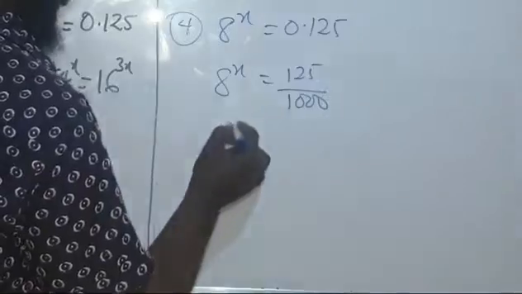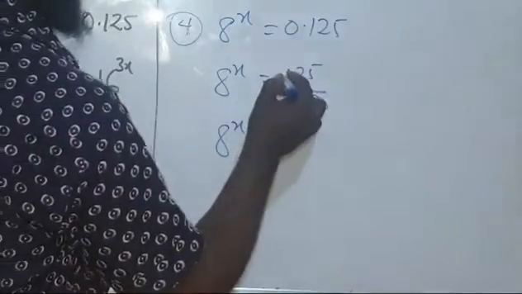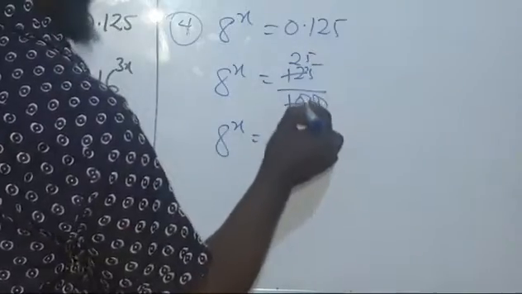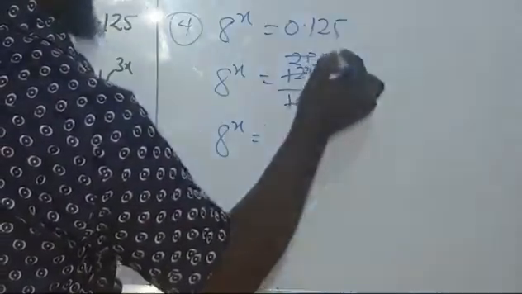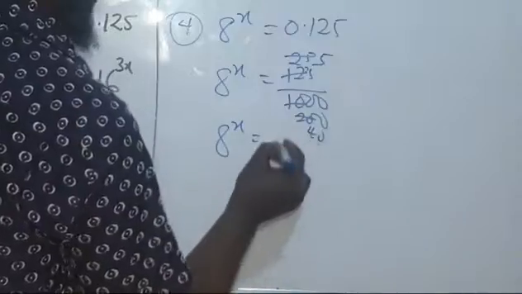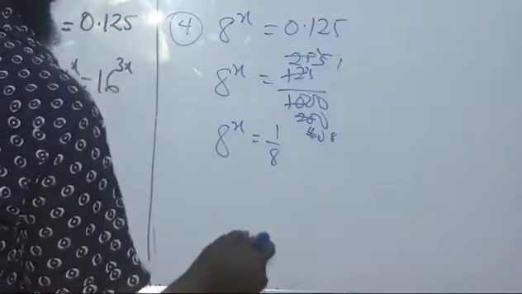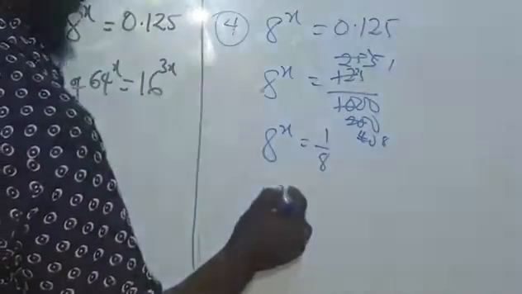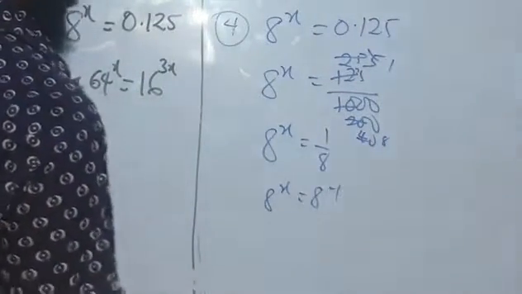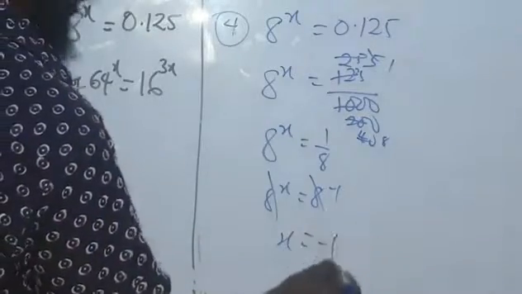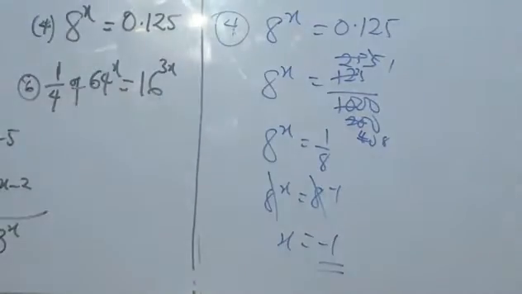In simplifying this one, 5 here, 5 can go here, 5 here. So this will give us 1 all over 8, which we can rewrite as 8 raised by x equals 8 raised by minus 1. So 8 cancels 8, therefore x equals minus 1. So that's the value of our x here.